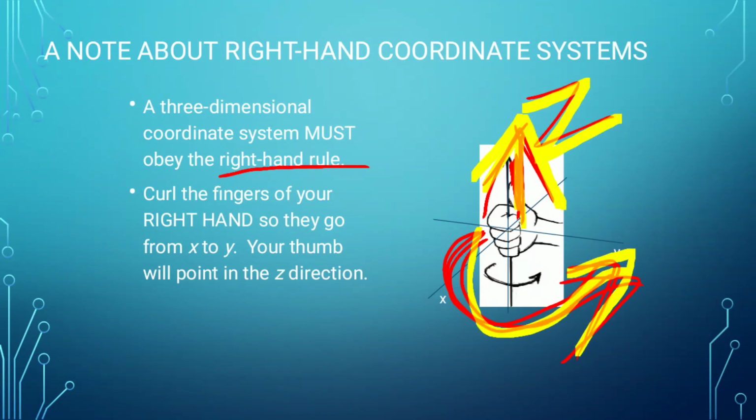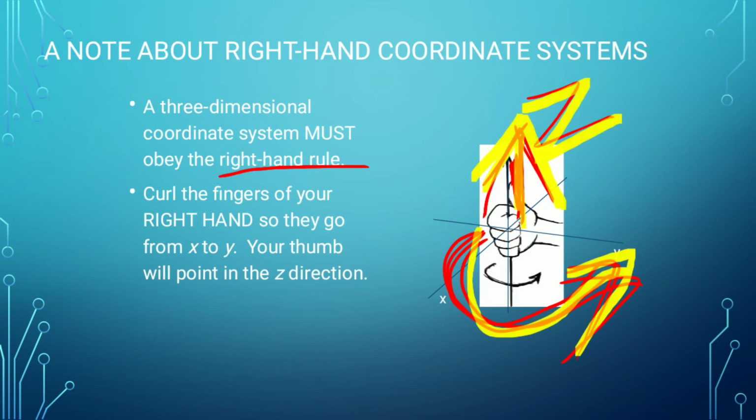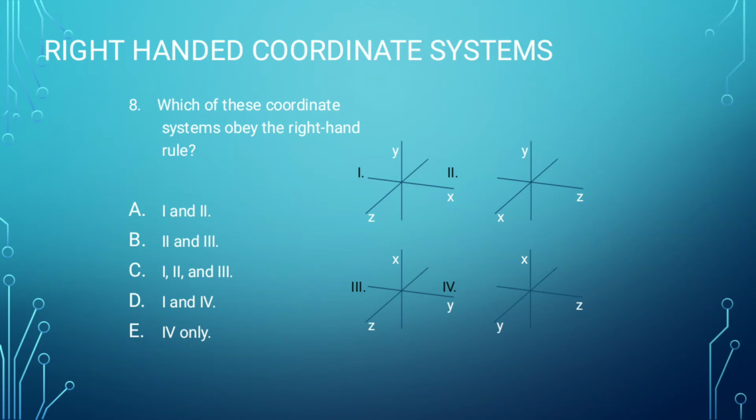Which of these coordinate systems obey the right hand rule? So X, Y and Z. See here, X and Y, and the top direction here is the Z direction. So see this question: which of these coordinate systems obey the right hand rule?